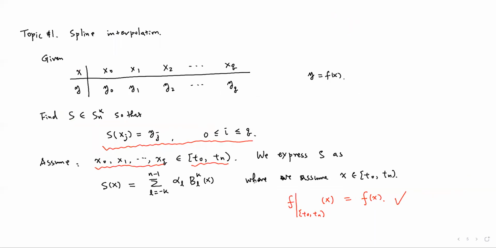After we have alpha, we have this spline function, which interpolates this table. After we have this spline function, we can compute the function value at some x, specify an x between t0 and tn.